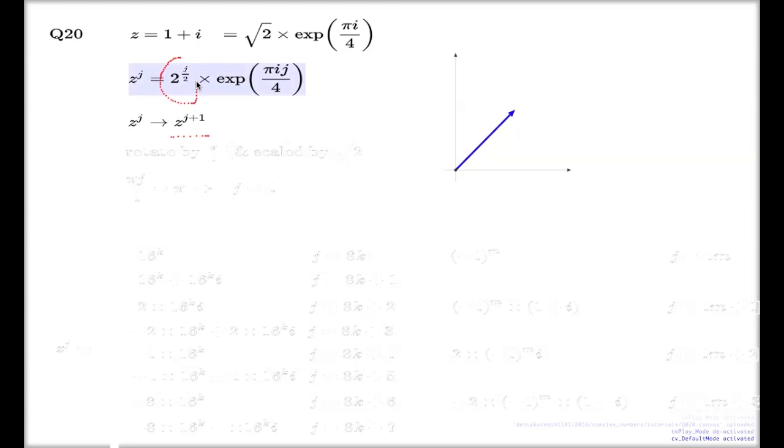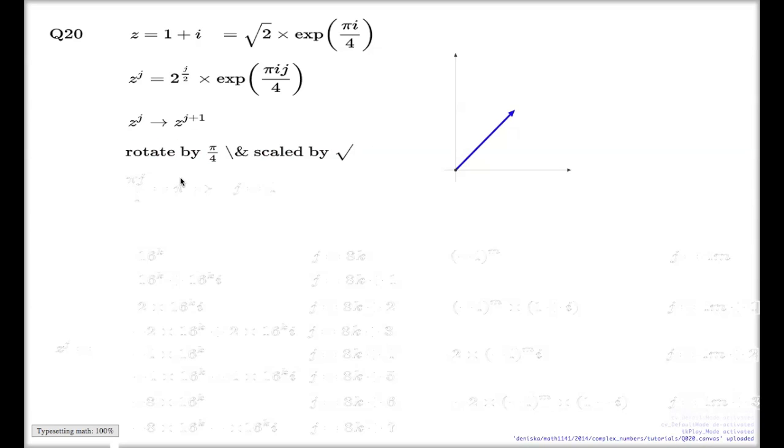You increase this one by 1, you increase this one by 1. Given that this is the length of the representing vector, and given that this is the argument or the angle of the representing vector from the x direction, it means that geometrically, for this step from the jth power to the (j+1)th power, you have to rotate your vector by 45 degrees, and you have to scale it by an extra root 2.